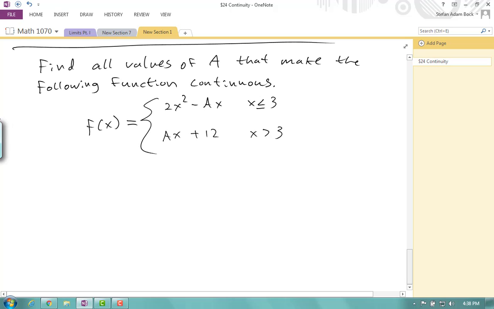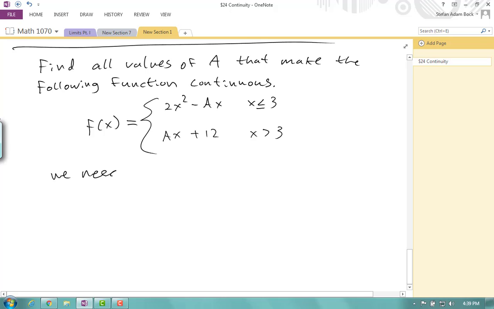So what I need to make sure is going to happen for this problem is that the definition of continuity is satisfied. And what that means is I need the limit to be equal to the function value. But more than that, since I have different things happening on different sides, I need to make sure that the limit is going to exist, and then it's equal to the function value.